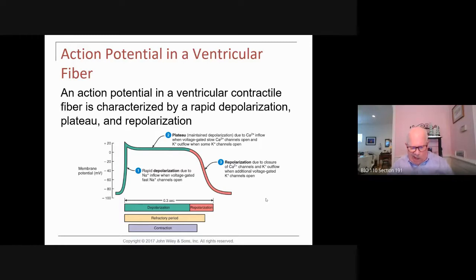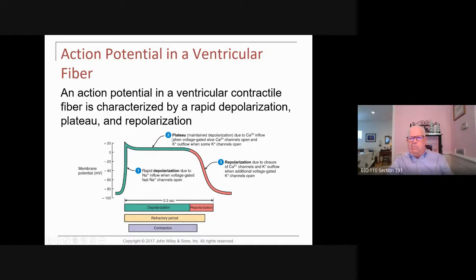To simplify it, depolarization of an action potential means that all of the sodium channels are open. So there is a rapid inflow of sodium into the membrane, and into the cell.